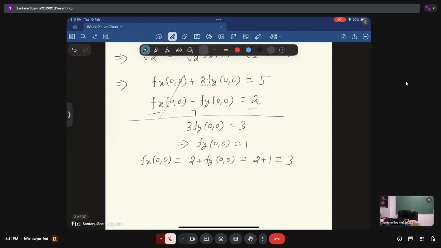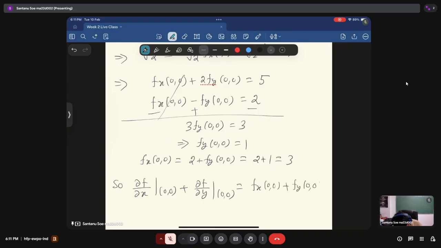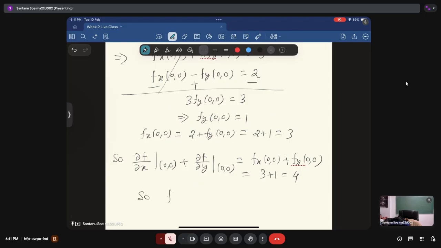So ∂f/∂x at (0,0) plus ∂f/∂y at (0,0) is the same as fx(0,0) plus fy(0,0). So this will be 3 plus 1 equals 4. So fx(0,0) plus fy(0,0) should be 4, and this is our answer. So I hope this is clear.